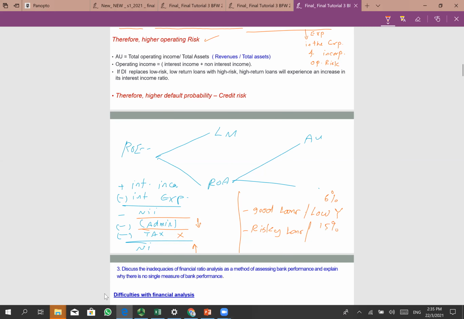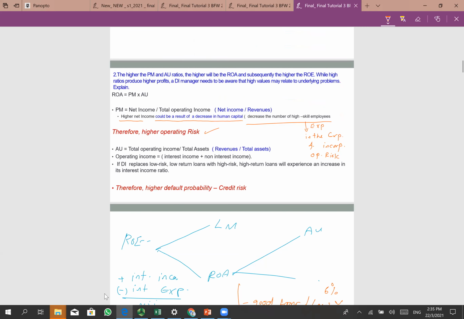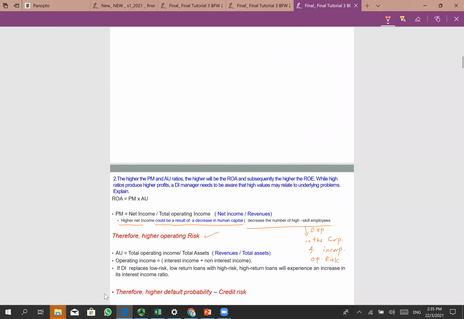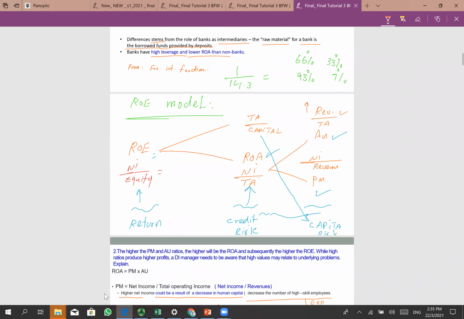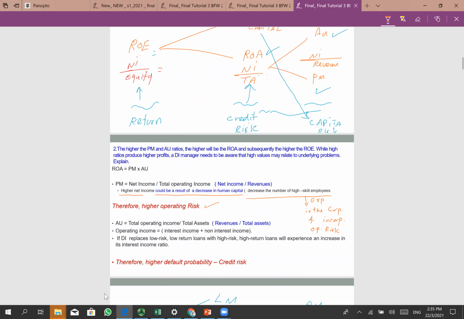Now this risky loan will increase the revenues, which means it will increase this number. So the AU will increase, and then the ROA will increase, and the ROE will increase. So based on this, maybe this is the story, maybe it's not. So you have to investigate.